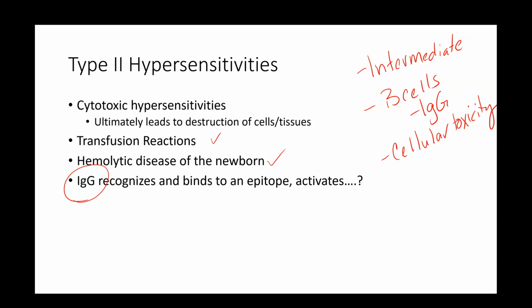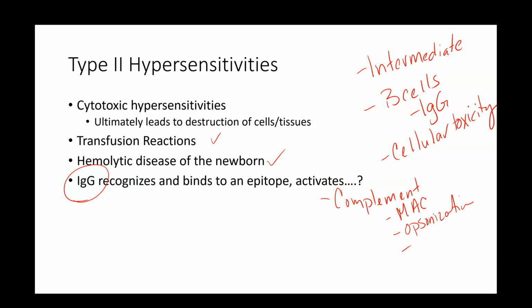Well, there's actually two things. Remember that antibody can activate complement, and then complement will do the MAC attack. It also does opsonization for macrophages, and what's the third one?